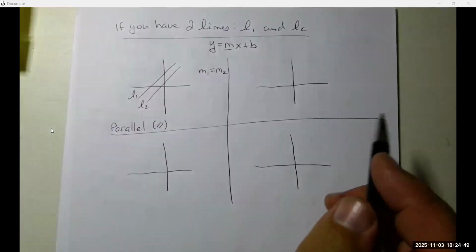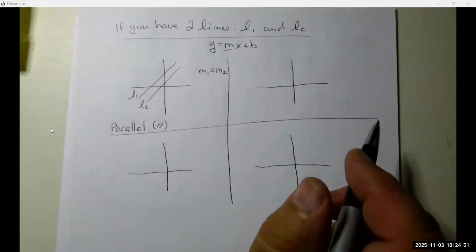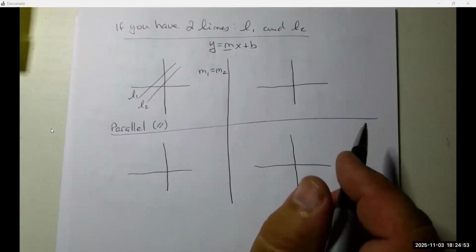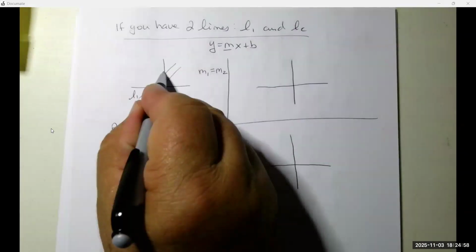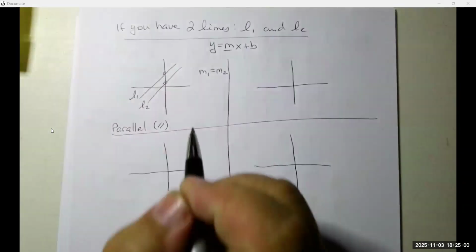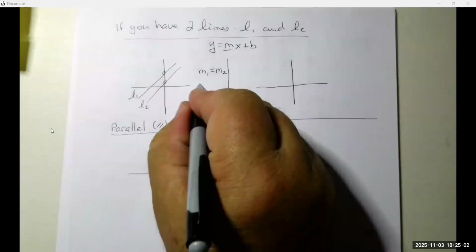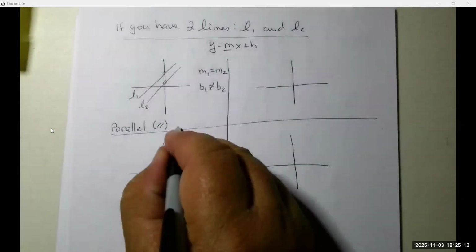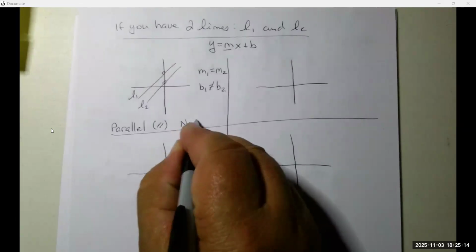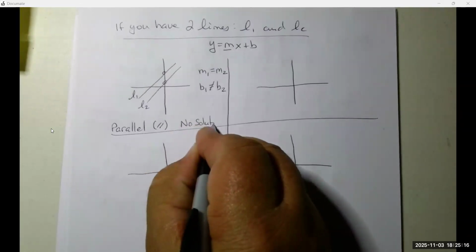Because they have to have the same slope, because they never touch each other, never cross. The only thing different about them is they have different y-intercepts. So the y-intercepts have to be different. That's what defines parallel lines, and they have no solutions because they don't cross.